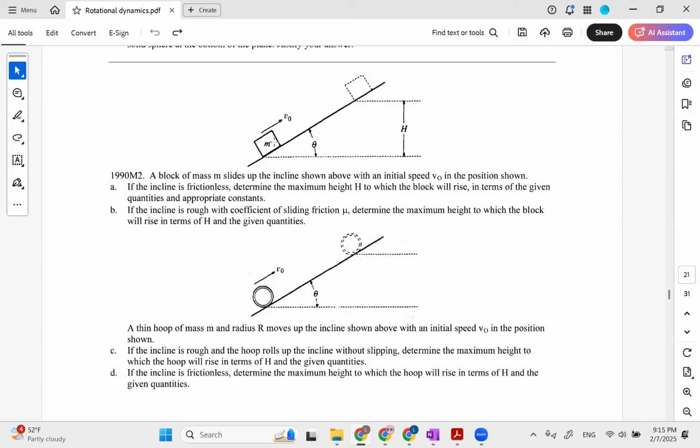So this is the situation. First question, how to set up the equation? A and B, how do you set up the equation?